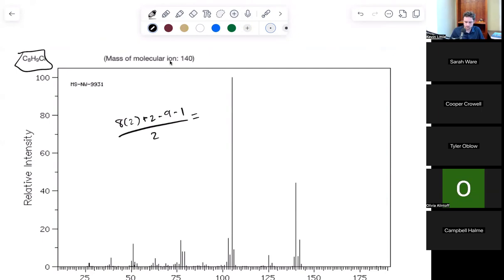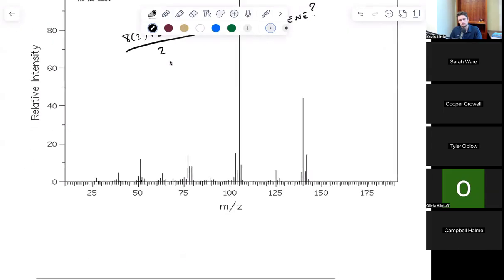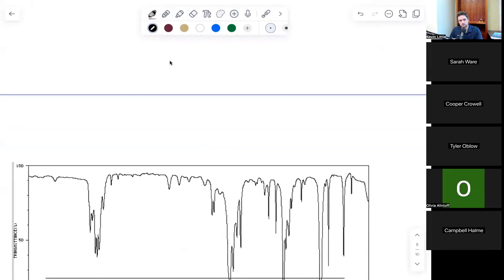So that's 16 plus 2, 18, minus 9 minus 1. That's 18 minus 10, that's 8, that's 4. So I'm probably looking at benzene. I see a degree of unsaturation of 4. I'm thinking benzene. Moving on.